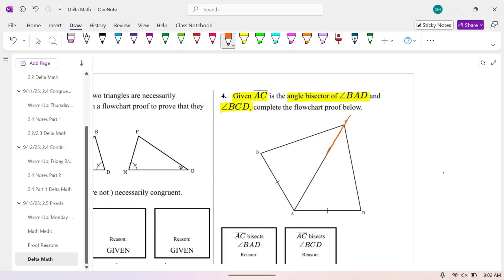So this line right here is an angle bisector. Who remembers what angle bisector means? What does it do? If a line bisects an angle, what happens to that angle? It gets cut in half. So what this line did is it cut angle A in half.